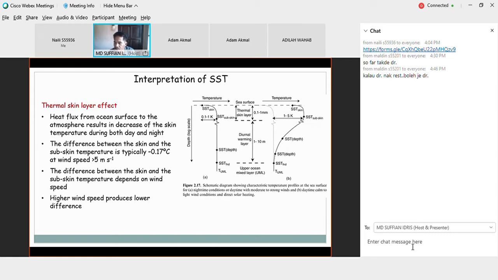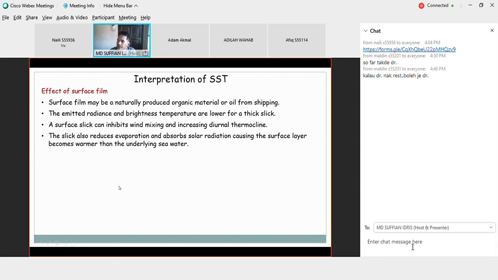So it will reduce the temperature of the air ataupun ocean. Okay, so the difference between skin and the subskin temperature depends on wind speed. Wind speed is very important because you will mix the water. You will mix the water, so it will reduce the temperature difference between surface and subsurface layer.